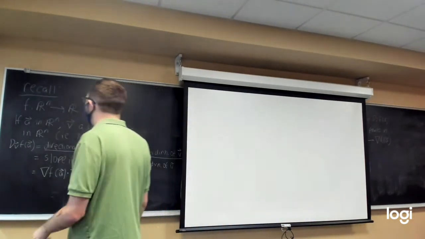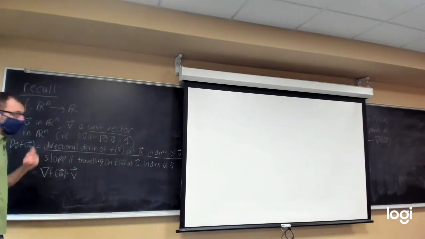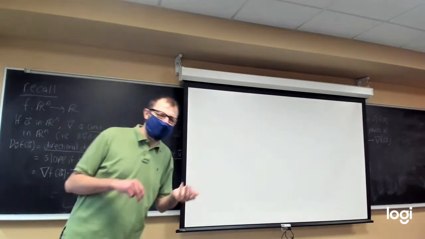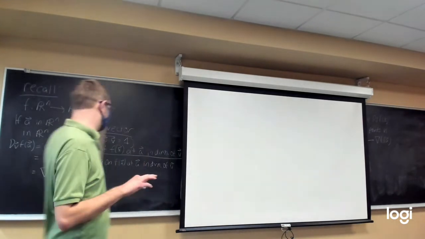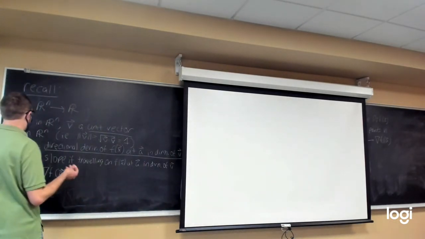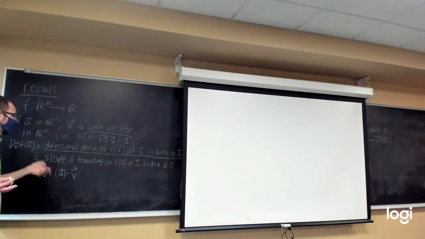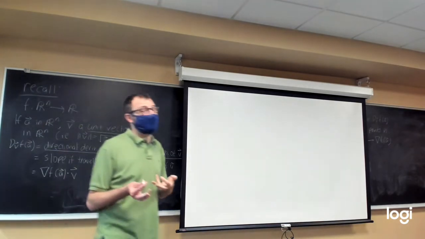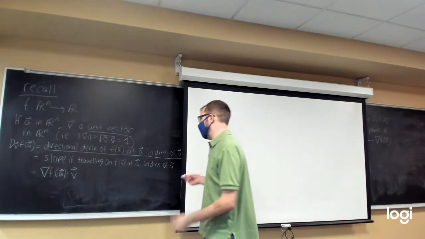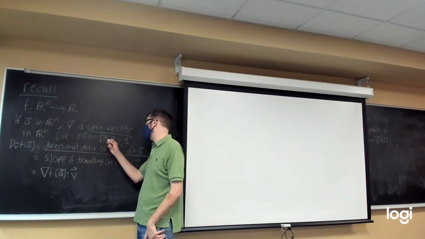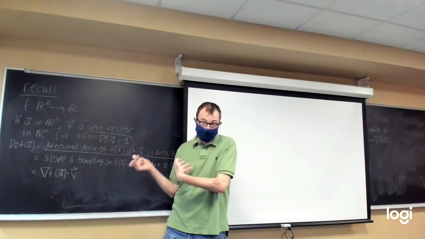The general idea is that if we have a function f going from Rn to R, let's start with a little bit of review. If A is the point on the surface of your function, so A is a point in Rn, V needs to be a unit vector, meaning a vector of length 1. So if you take the square root of V dotted with itself, you just get a positive 1.